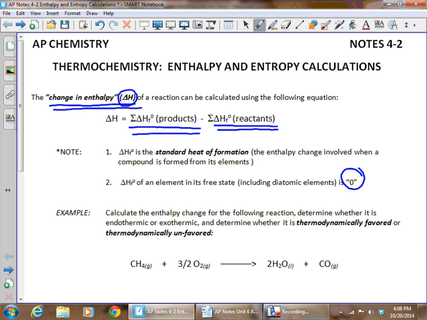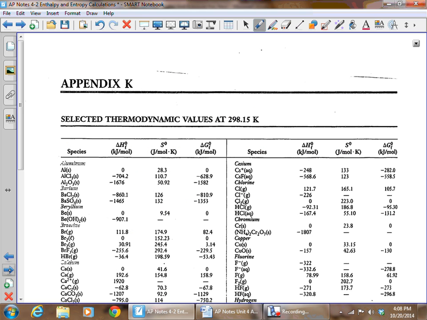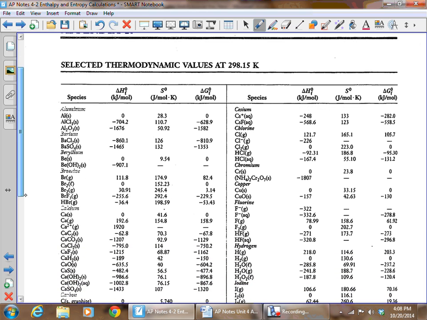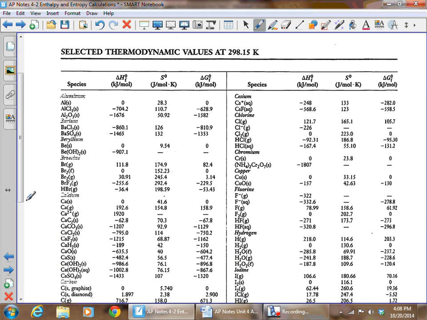Now, where do we find the rest of these values? I'm going to show you this once, and from then on, I'm just going to simply call out values, realizing that we always get them from a table like this. This is the one that we use in class, and as you can see across the top, it has values for the heats of formation of substances.